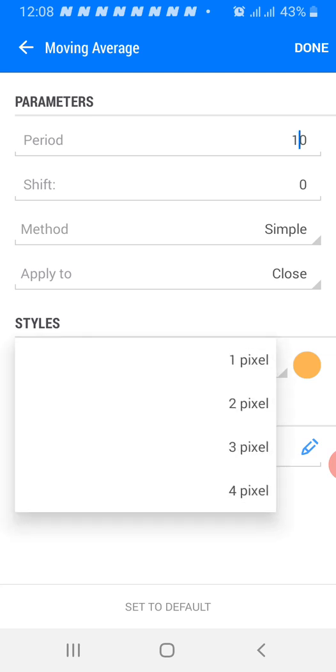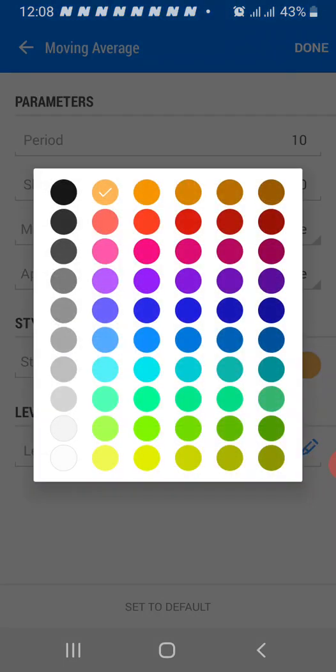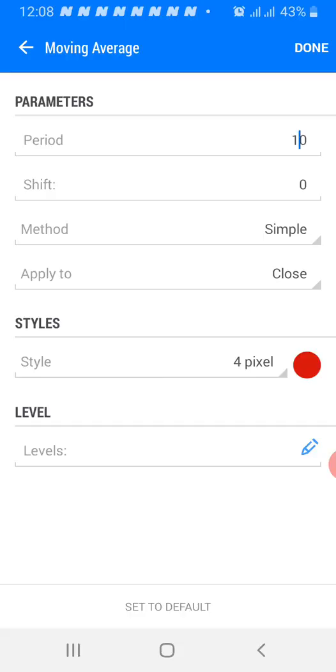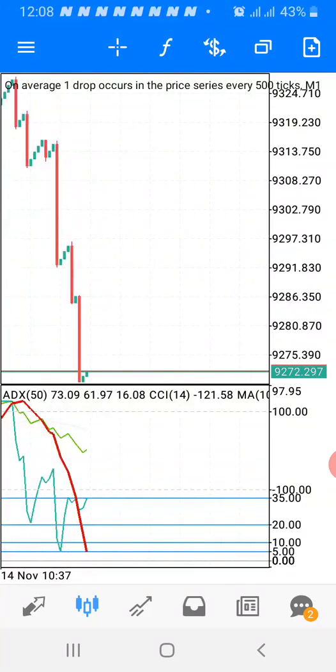Then the style is 4 pixel. We're using 4 pixel for the style. The color, let's take red. We're using red. So that's all. You click done.